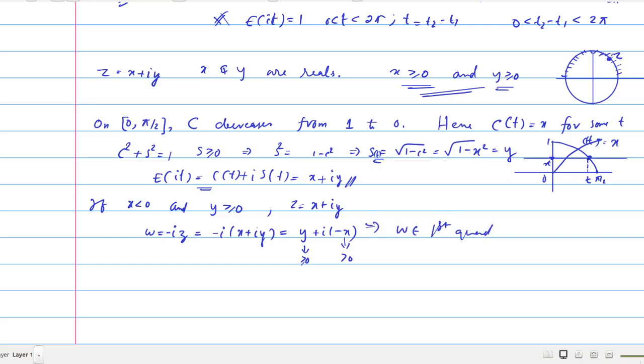Then we already proved that whenever we choose a point in the first quadrant, we can get a t such that t belongs to the interval 0 to pi by 2.